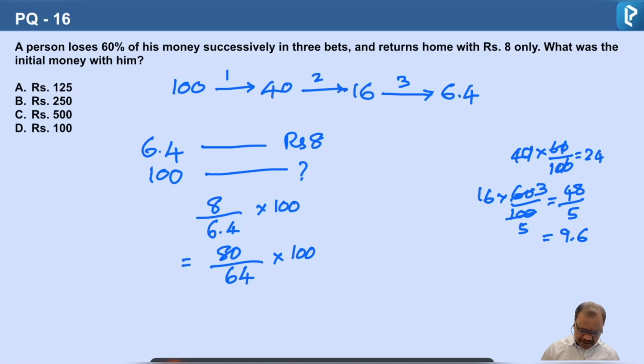Now simplify. 8 tens, 8 eights. 2 fives, 2 fours. 4 25s. So what is remaining? 125. So this is the initial money he had, 125 rupees. So option A is the right answer.